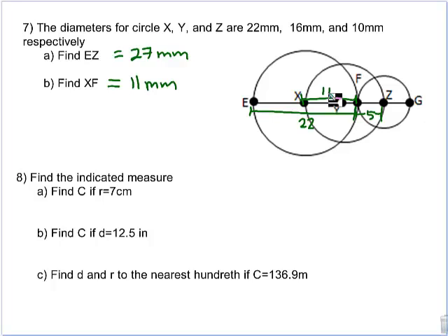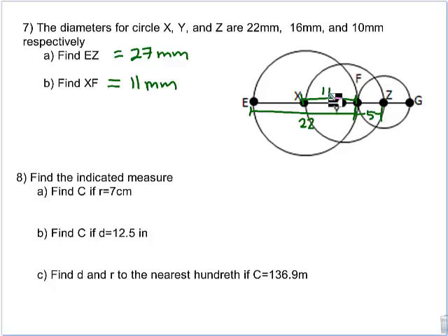You could also have seen that the diameter from X to Z is 16, and then subtracted off the 5 to also get 11. Either way. All right, that okay?